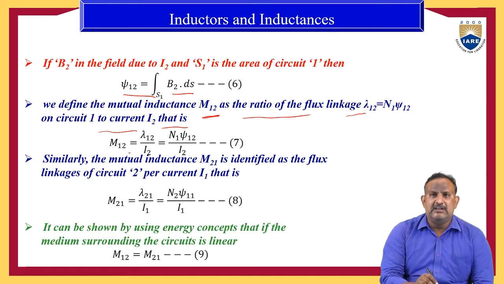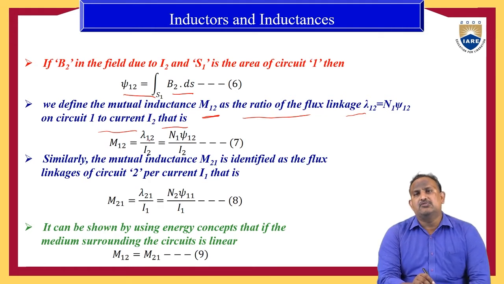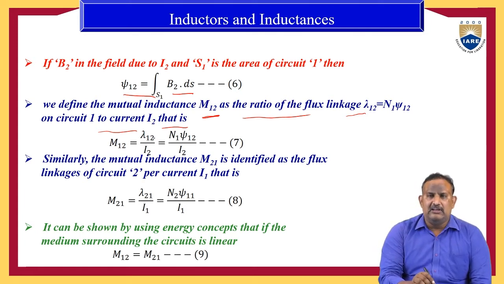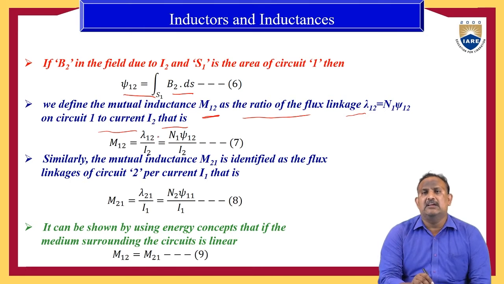Therefore, M12 is the mutual flux in 1 due to circuit 2. It is equal to the flux linkage in circuit 1 due to circuit 2 divided by the current flowing through circuit 2, which is lambda12 over I2, that is, N1 psi12 by I2.